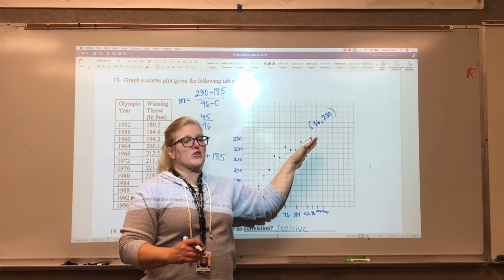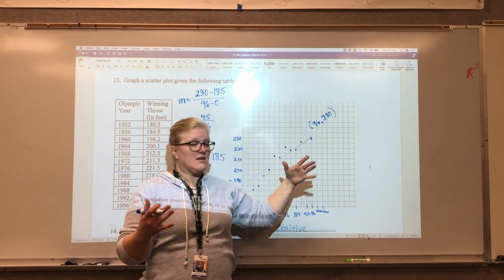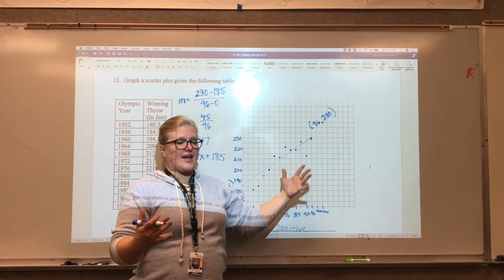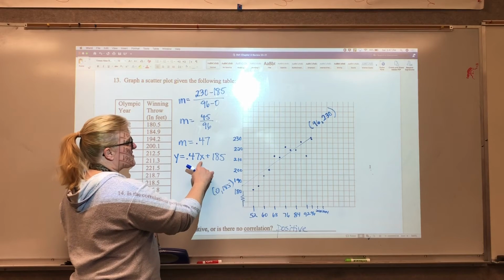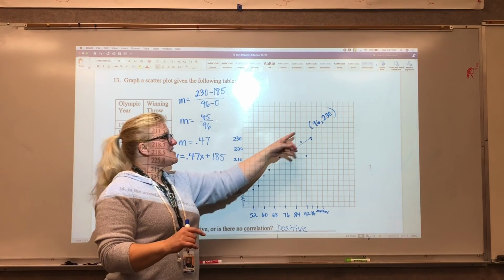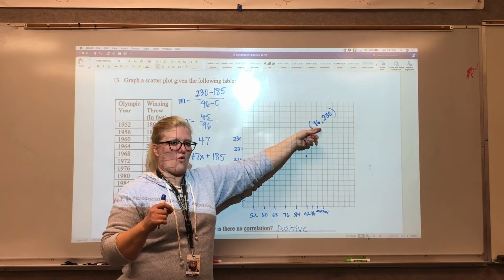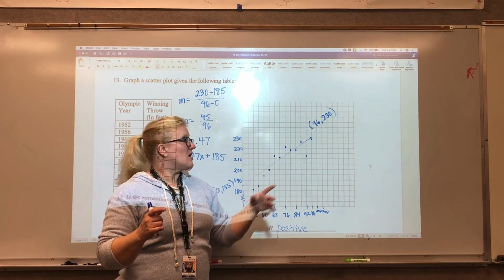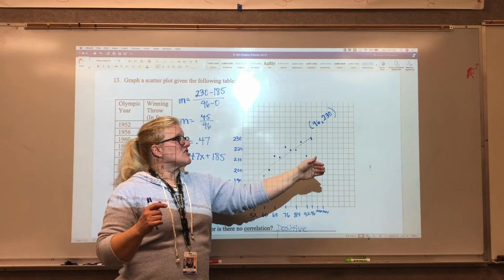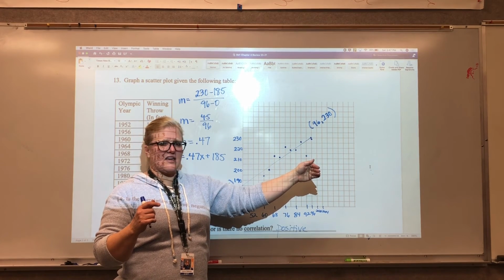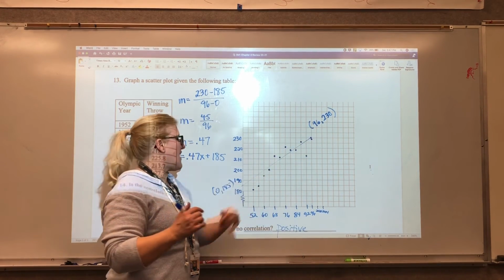And we can make a projection or a prediction based on our line. So x in 2004, if this is 96, 2004 is going to be 104. I know that's kind of confusing, but it's 8 years after 96. Yeah, 8 years. So we need to add 8 to that.